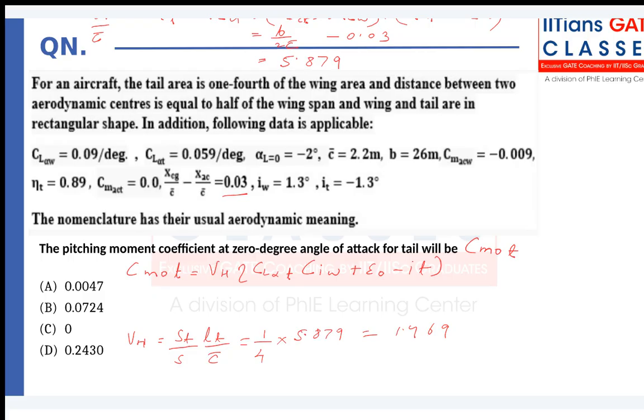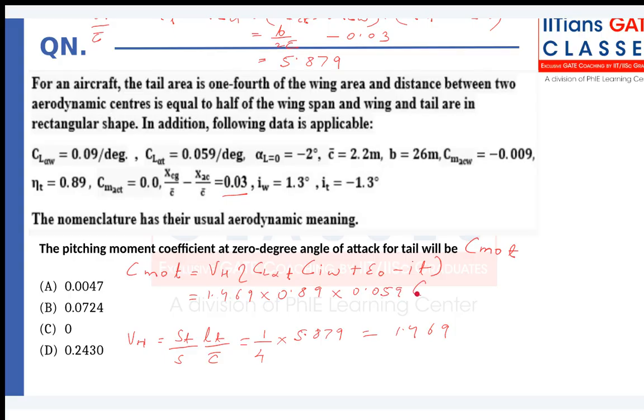Okay, now I plug this in back here. I get 1.469. Eta tail is 0.89. CL alpha tail is 0.059 per degrees, and all of your angles are already in degrees.